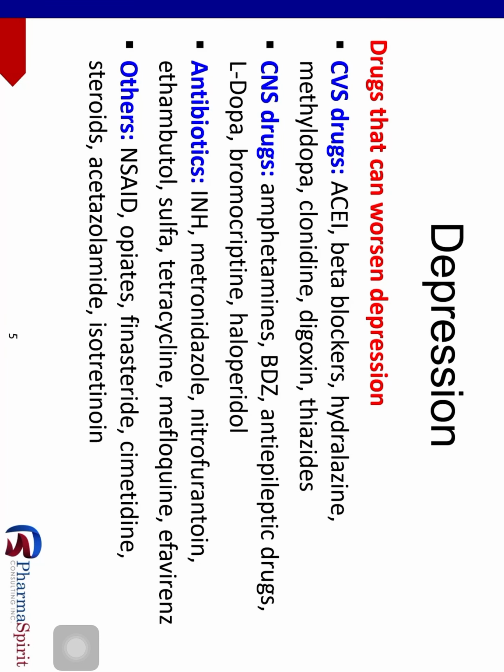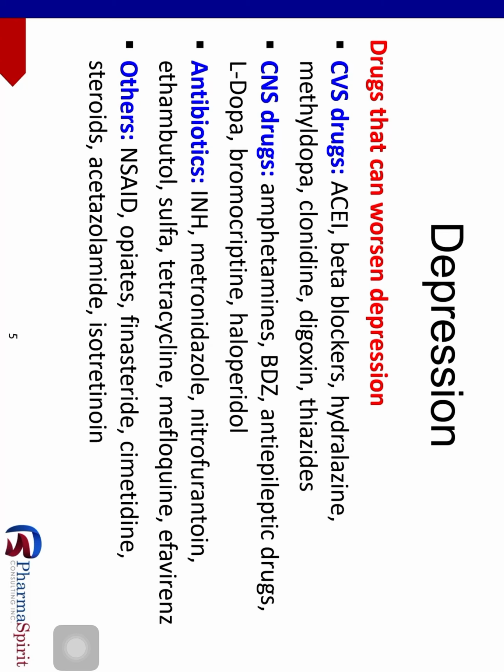On this slide, we have a list of drugs that can worsen depression. It's a very self-explanatory list indeed. So we have some cardiovascular drugs like ACE inhibitors, beta blockers, hydralazine, methyldopa, clonidine, reserpine, digoxin, and thiazide diuretics.